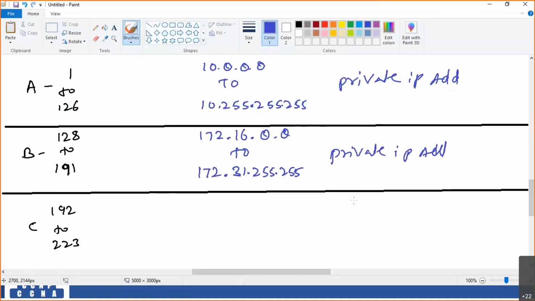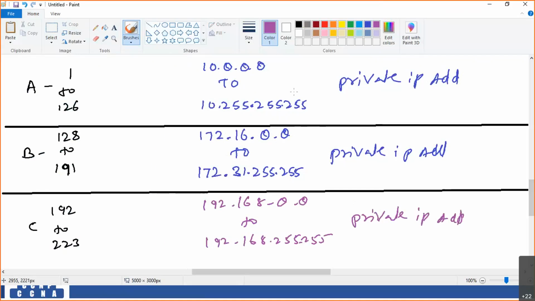Now class C: the whole 192.168.0.0 network to 192.168.255.255 is the private IP address range. Other than private IP addresses, all are public IP addresses.